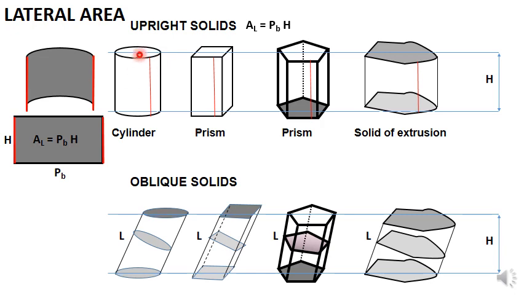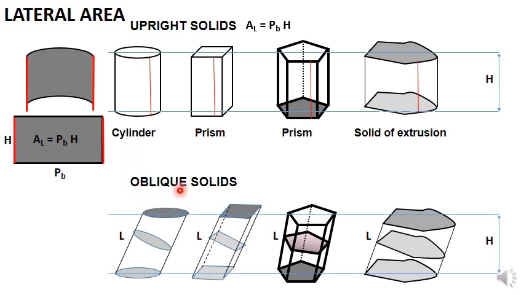It does not include the area on top or at the bottom. If we include the area on the top and at the bottom, then it is called the total surface area. But for the lateral area, we only consider the area generated by the element of the solid.